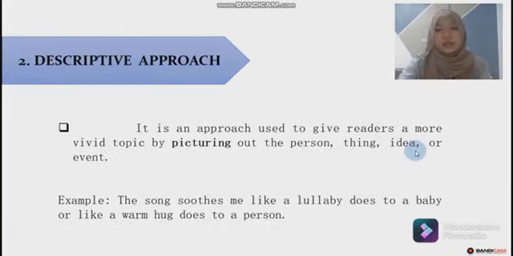For the number 2 approach, the descriptive approach, it is an approach used to give readers a more vivid topic. When we say vivid, it means clear, bright, something like that. So the readers will be able to see a clear topic by having an accurate idea about the person, thing, idea, or event.